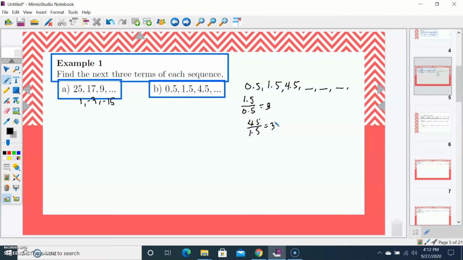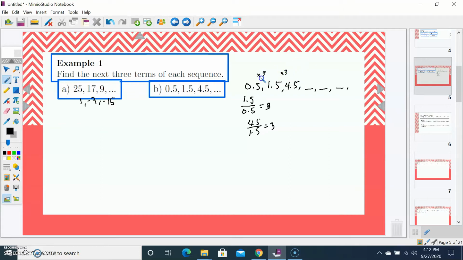It will also give me a common ratio, which is 3. So what do we mean by this? To get 1.5, you must multiply the previous term, 0.5, by 3. So we multiply this by 3 to get 1.5, and then to get 4.5, we multiply this by 3.